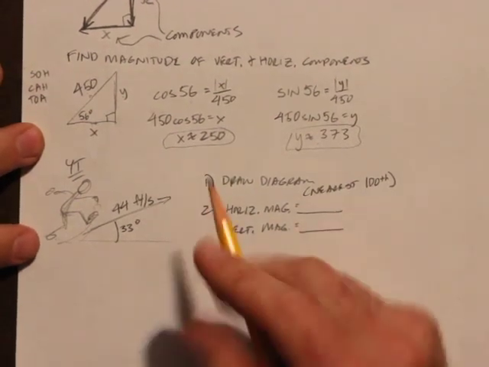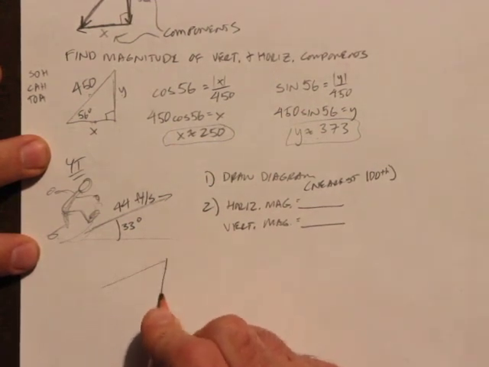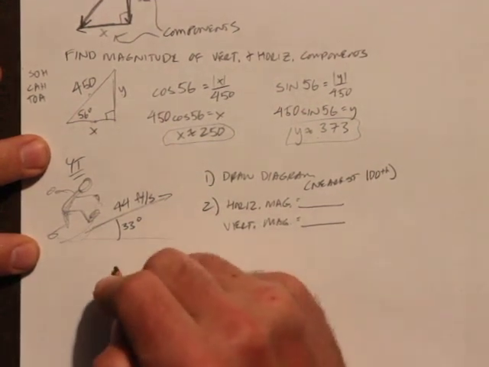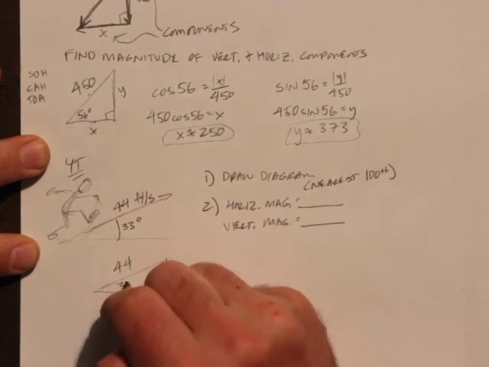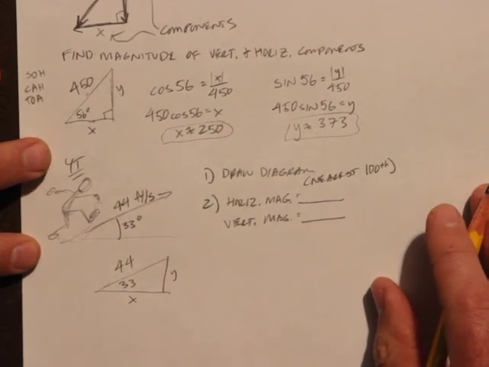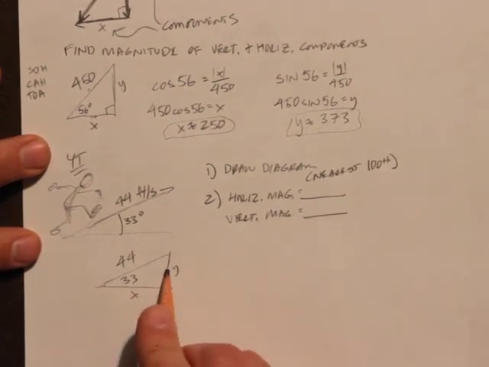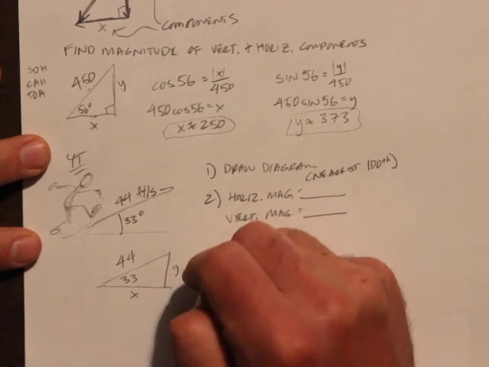Okay, welcome back. The diagram you drew should look something like this: 44, 33, and this should be y, and this should be x. Then you should find the opposite over hypotenuse, so that would be sine.